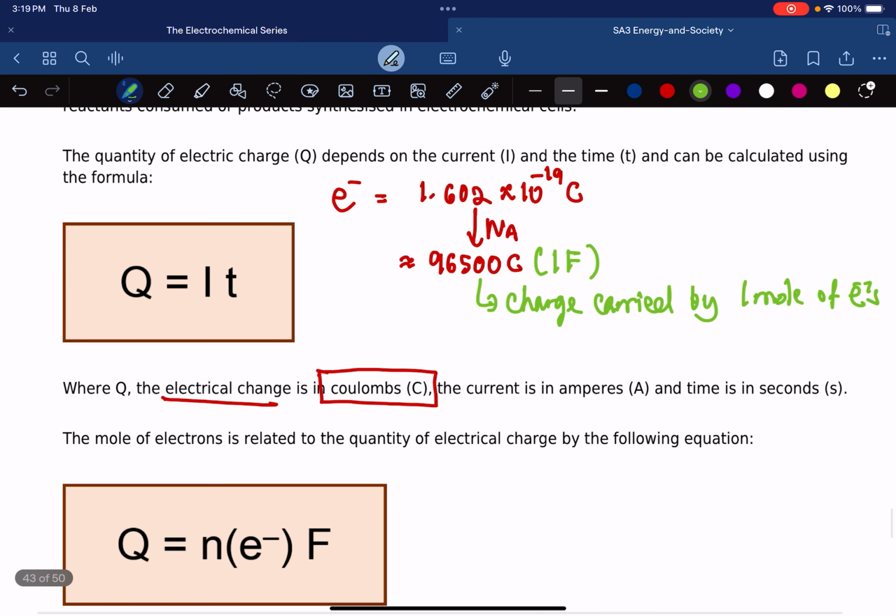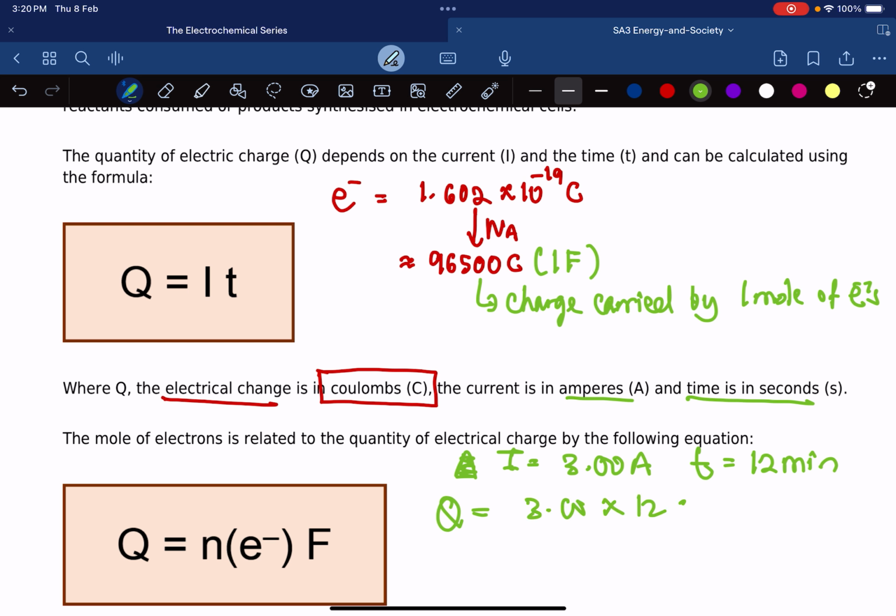To calculate the amount of charge going through a circuit, we use this formula, Q equals IT, where I is the current in amperes and time is in seconds. For example, if you're doing electrolysis and the current is 3 amperes, and the time is 12 minutes, the electrical charge going through the system will be 3 times 12 times 60.